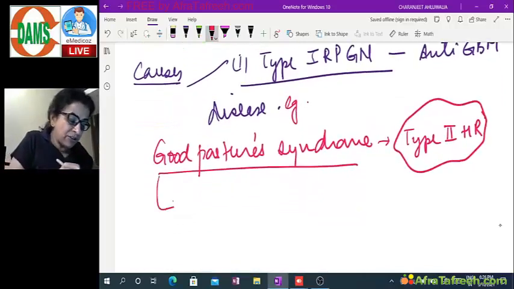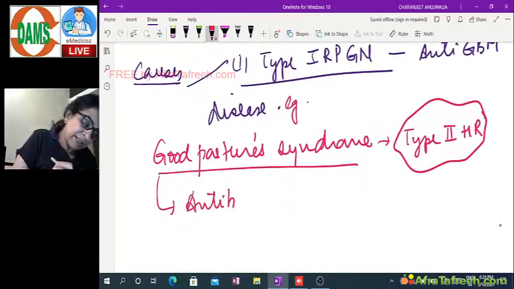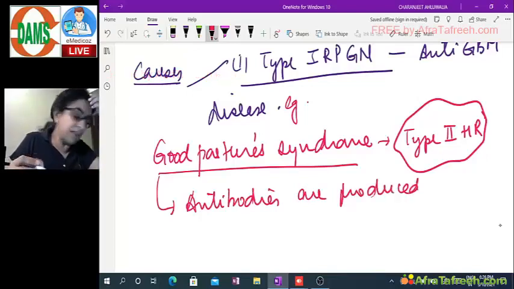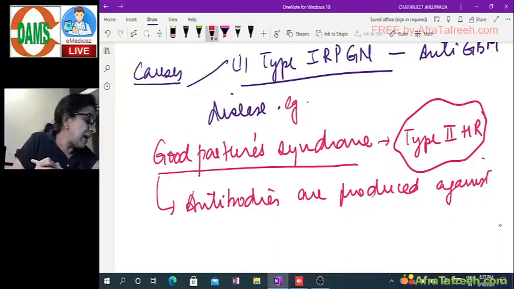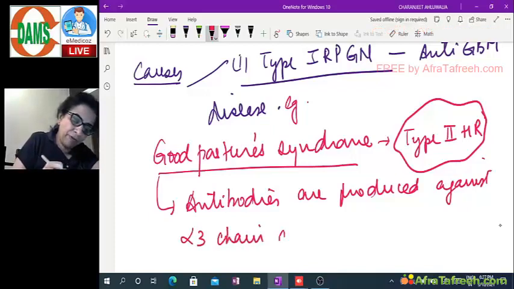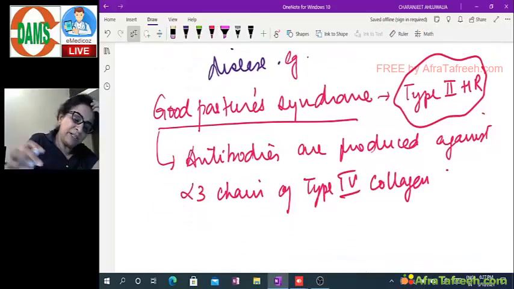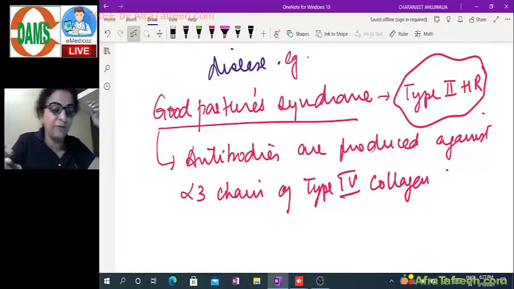In Goodpasture syndrome, antibodies are produced against the alpha 3 chain of type 4 collagen.